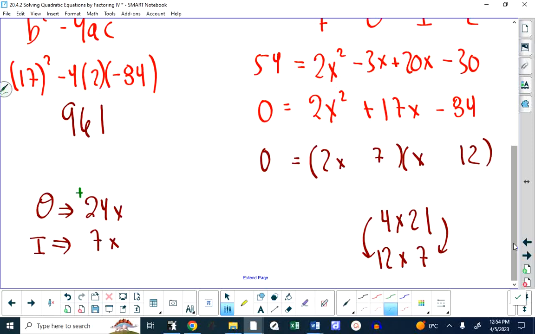So I want this to be positive and this to be negative. How do I get the positive 24? I need positive 12 here and that would be negative. Are we okay with the factorization there? Can you just take a moment, FOIL it out, just confirm that you are going to get 2x squared plus 17x minus 84?